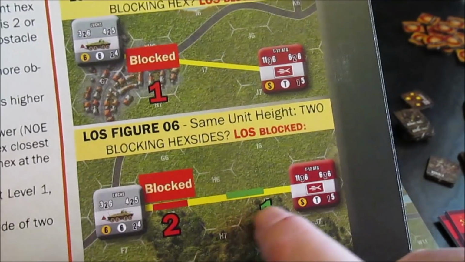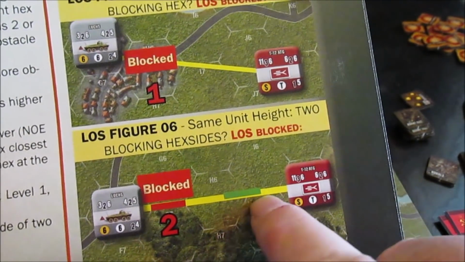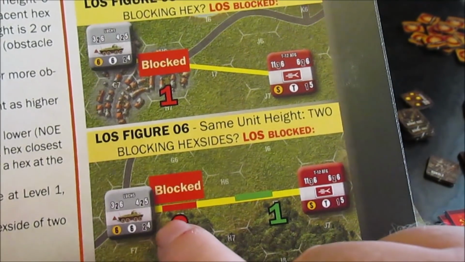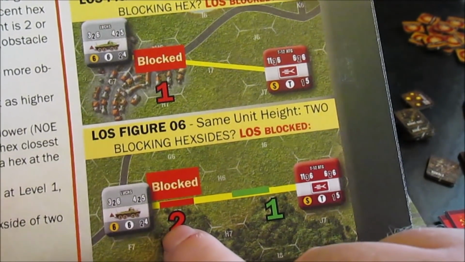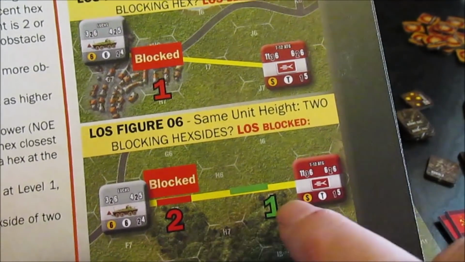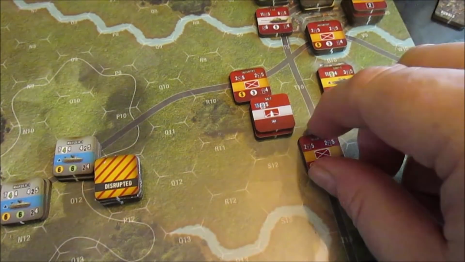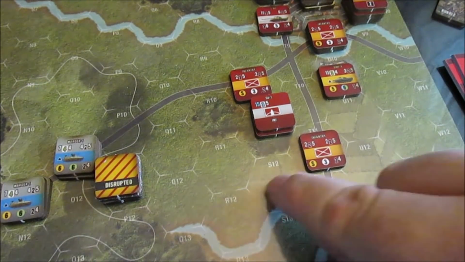So you can fire along the hex side of the first blocking hex, but if you fire along the second blocking hex side, then it's blocked. But since we're only passing by the hex side of a blocking hex one time, we'll be able to get the shot off. And let's see, 1, 2, 3, 4.